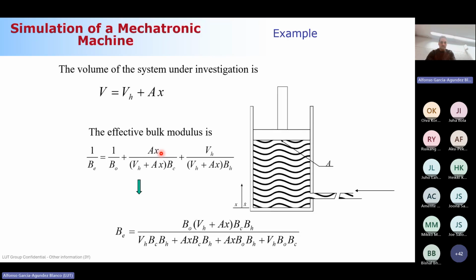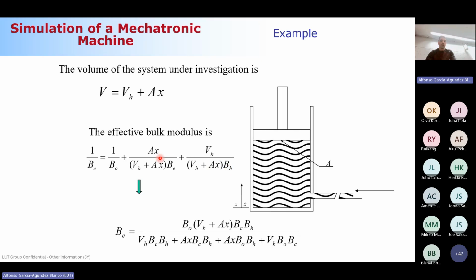So for example, in the case of the hoses, let's put the contribution of the hoses to the bulk modulus. You put the volume of the hoses in the numerator, over total volume, which is the volume of the hoses plus the container, so VH plus AX, times the bulk modulus of the hoses. Always, each of these contributions.